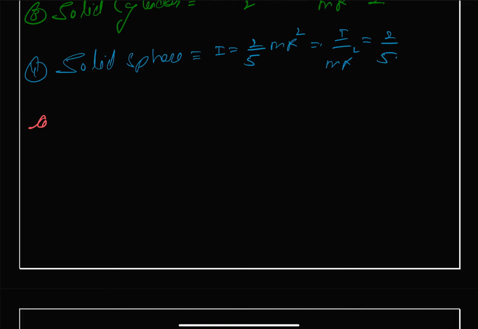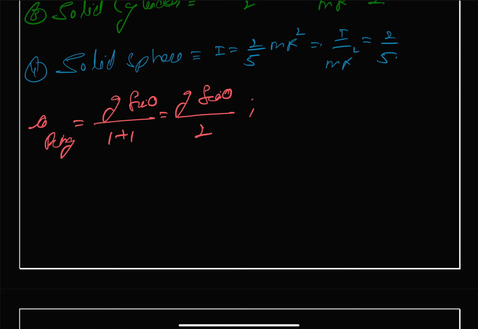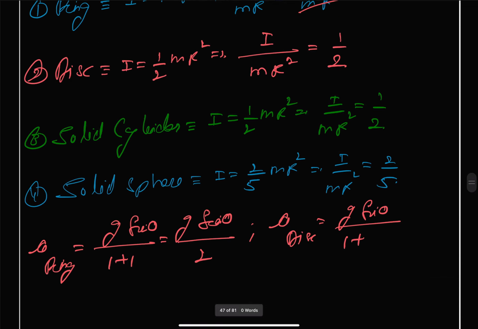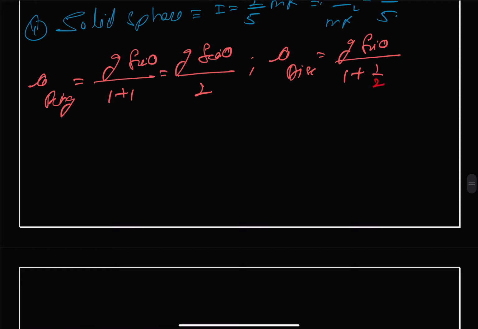So we can say the acceleration of the ring will be equal to g sine of theta upon 1 plus 1, giving us g sine of theta divided by 2. And we have the acceleration for the disk, which is g sine of theta upon 1 plus 1 by 2. This gives us 2g sine of theta divided by 3.